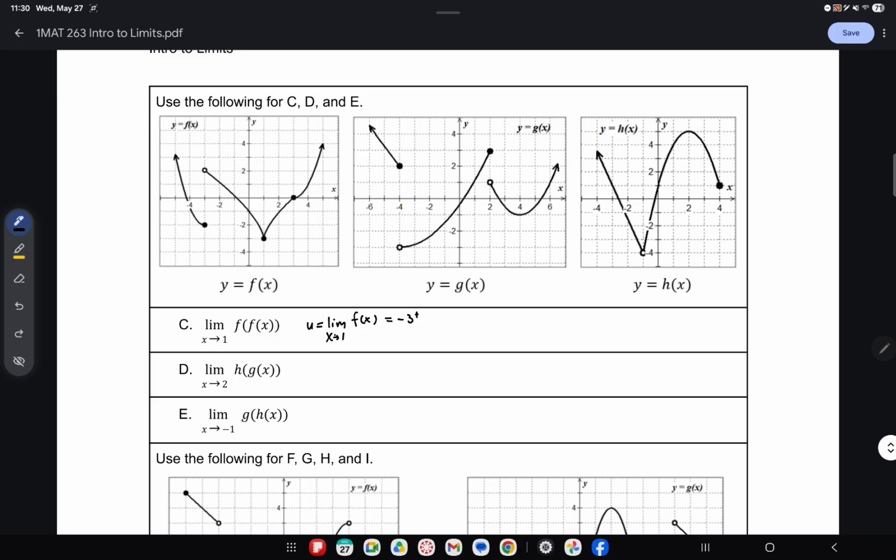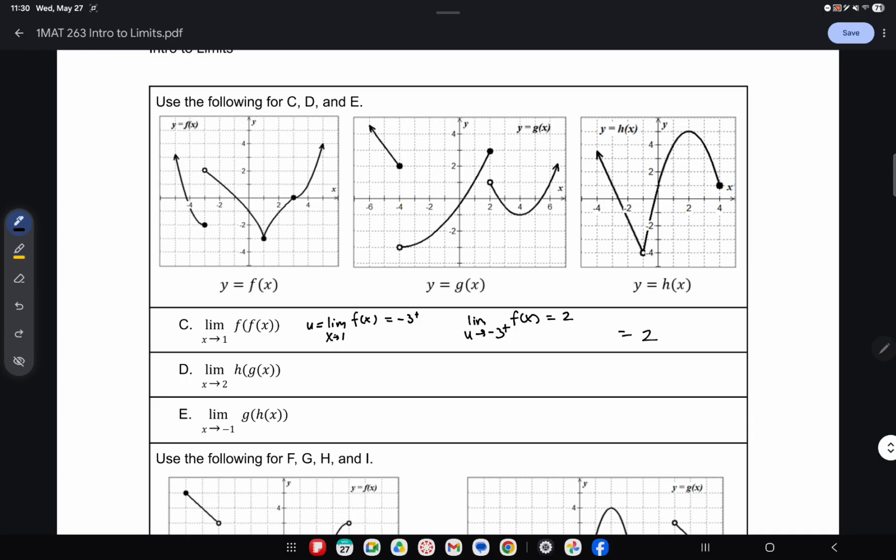But from above, because both are coming from above. So then we want the limit as u approaches -3 from the right for f of x, which is going to be 2. So that entire limit is 2.